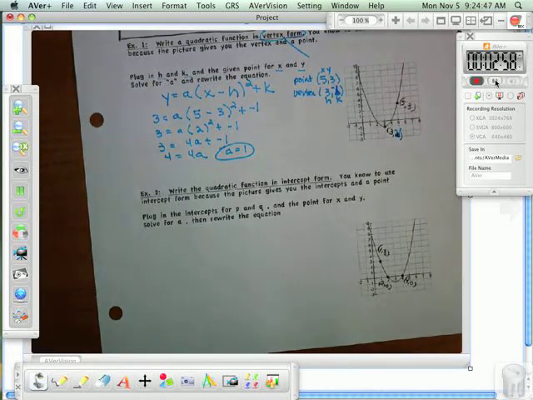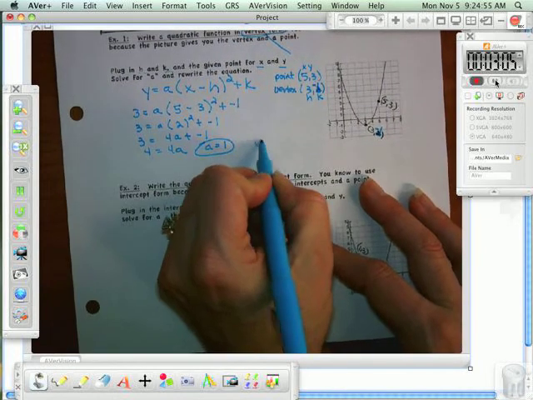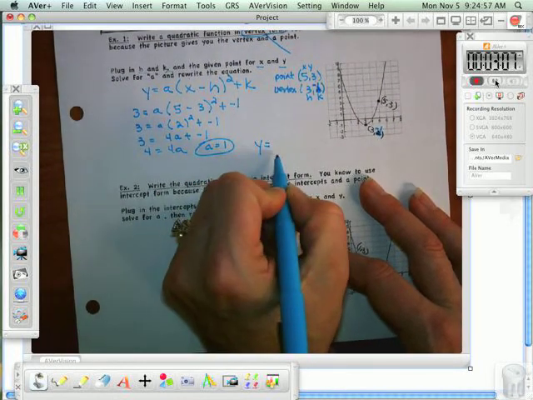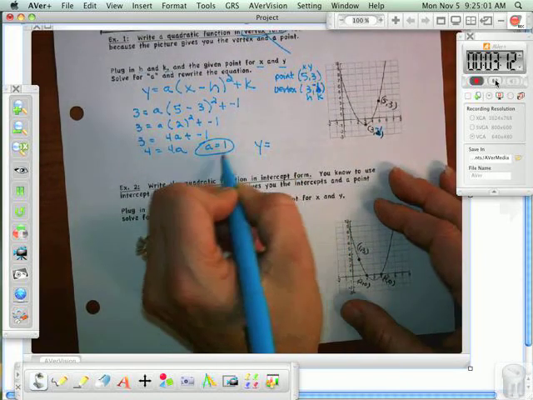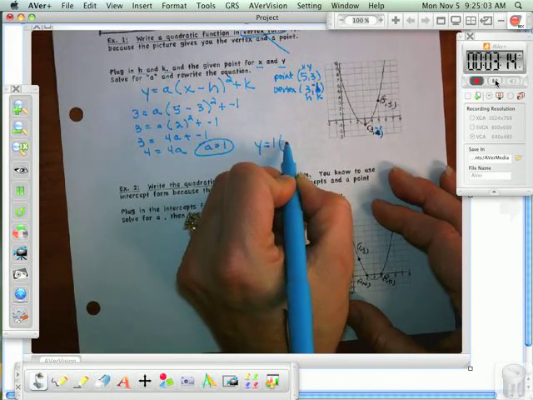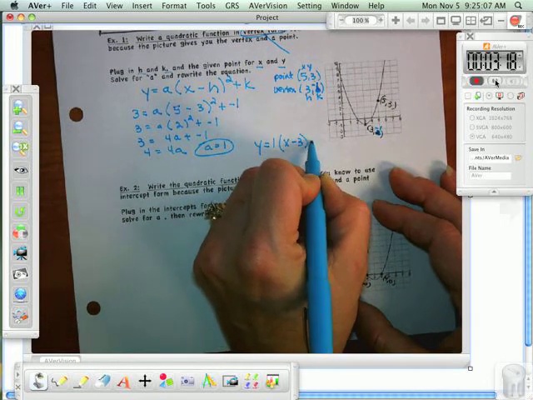All right? So I'm going to fill in what I know. I leave the y. a is 1. Do I have to write a as 1? No, I don't need to really write it, but I'll just put it here just so you know. (x minus 3) squared minus 1. There's a squared here. Don't forget the squared.